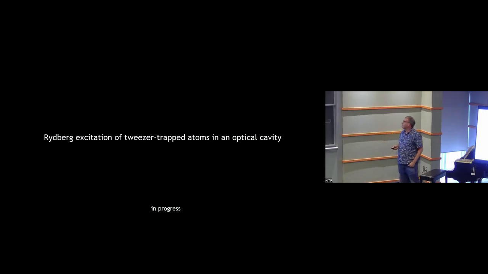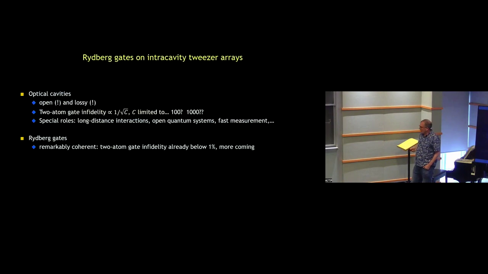All right. A second thing I'd like to tell you about is that we're starting to drive Rydberg excitations on atoms trapped in our optical cavity. I won't go through the details, but the idea is that ultimately we'd like to operate something like a very coherent Rydberg quantum computer inside of a cavity, and have the cavity be a measurement device or a transduction device, but not have the cavity itself be what's responsible for the interactions between the atoms, because optical interactions are nice, but they're also pretty lossy.